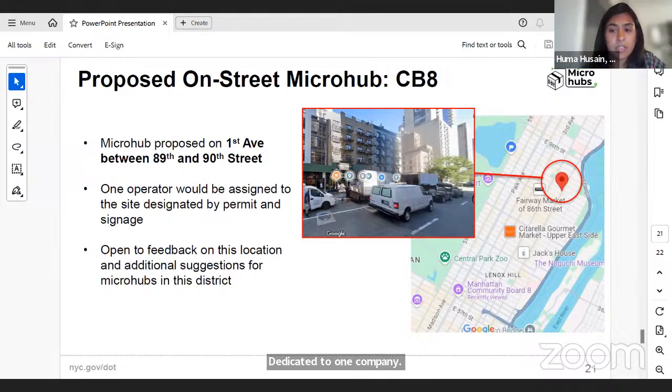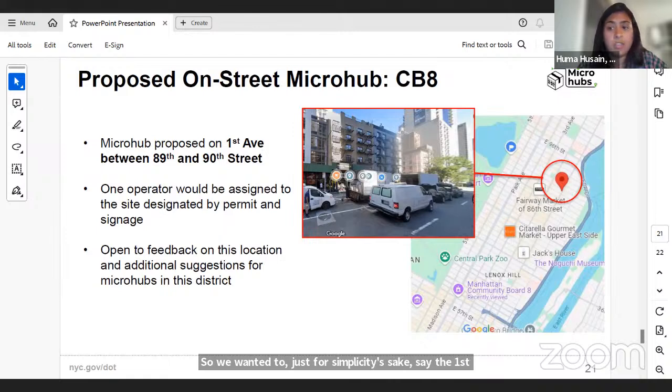I'm sorry if I didn't highlight that clearly before, but it'd be one operator in the space. The reason for that is that it's just hard to enforce multiple operators and reservation time windows, and if they're using different modes, designing the space. So for simplicity's sake, for the first year, these are all single operator spaces.